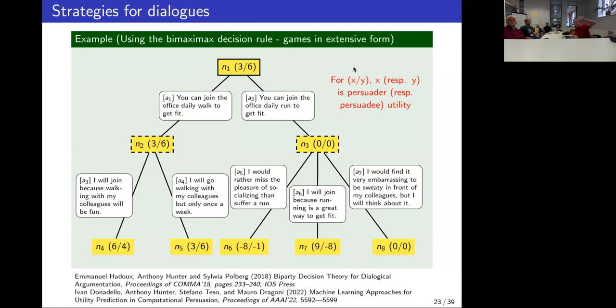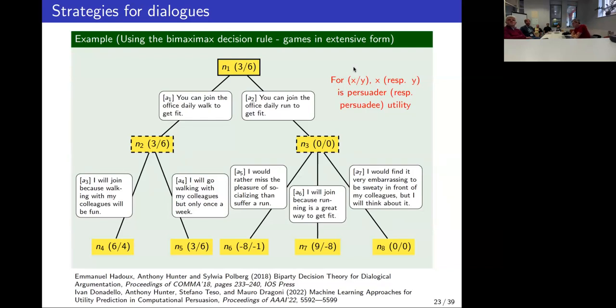And so you can see from the point of view of the persuader, the branch there that ends on leaf N7 would be the best. But it's not necessarily the case that you would get that. If the persuader takes that branch, says A2, it may well be the case that the persuadee picks A7.